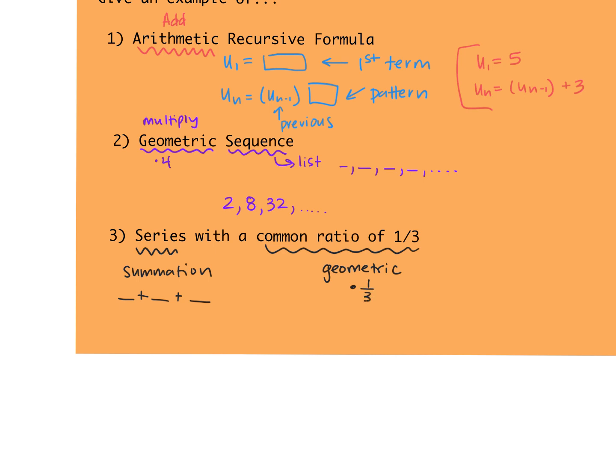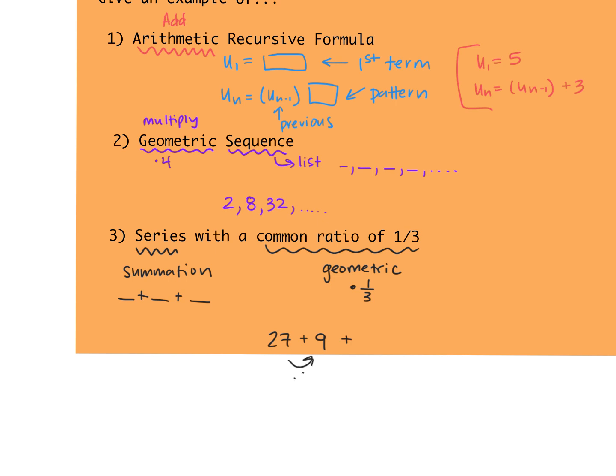So I'm going to pick a starting value that's going to be a multiple of 3, just to make it a little bit easier to have that common ratio of 1/3. So I'm going to start out with 27. Okay, and if I multiply that by 1/3, same thing as dividing by 3, I'm going to get 9. And then you can see I changed from the comma to the plus sign in between.